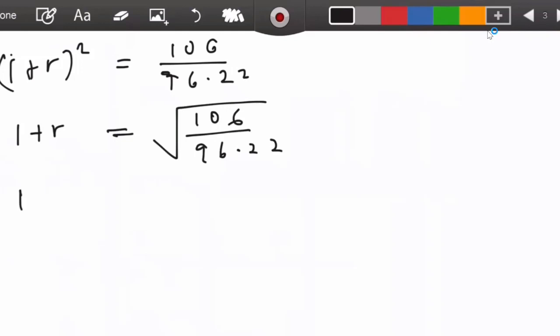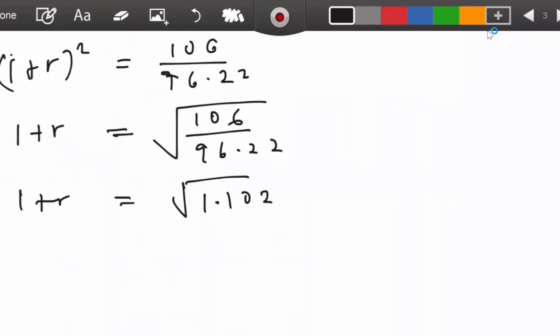So this becomes 1 plus R equal to the square root of 1.102.